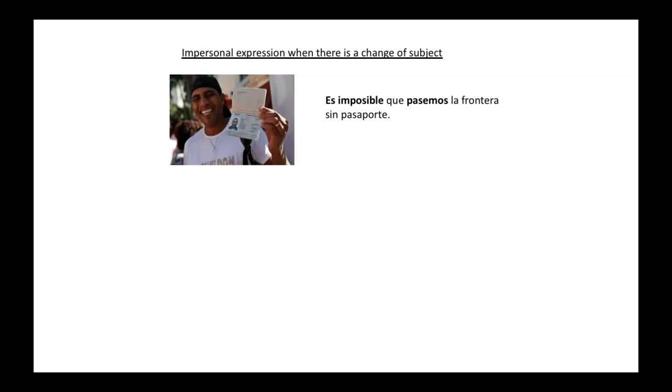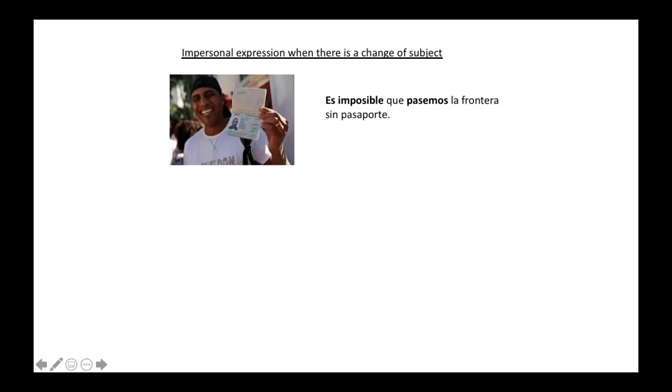Now, if you want to say it's impossible to pass the border without a passport, you don't have to think about subjunctive. You can just say es imposible pasar la frontera sin pasaporte. But if we want to say it's impossible that we pass the border without a passport, then you have to think about subjunctive.